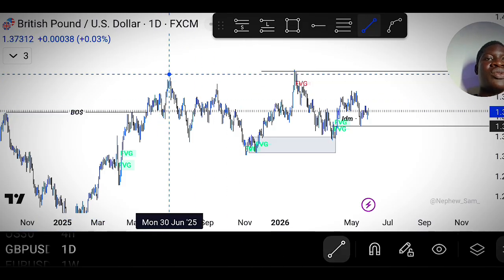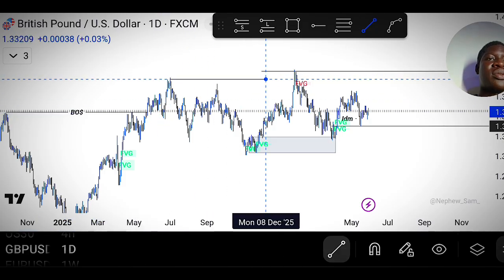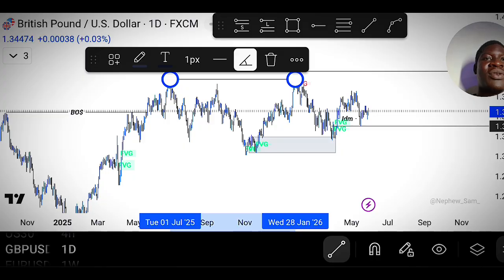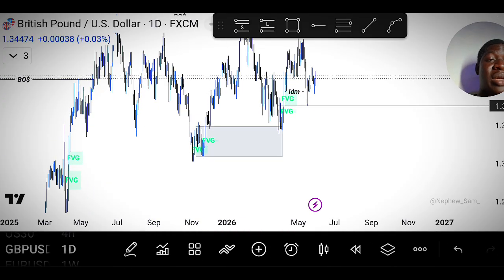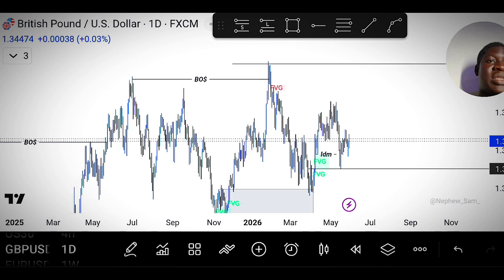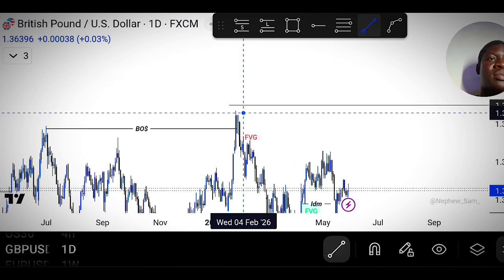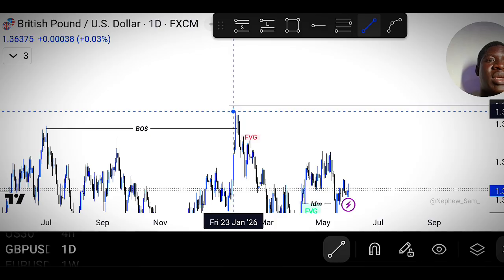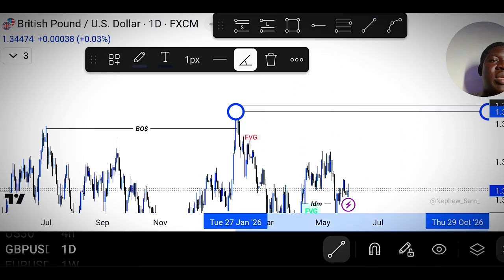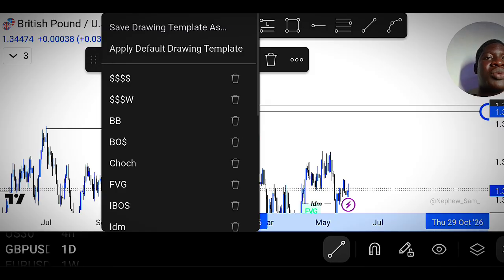And here we also have a break of structure. That is another BOS. Here is our liquidity side, that is our buy side liquidity.